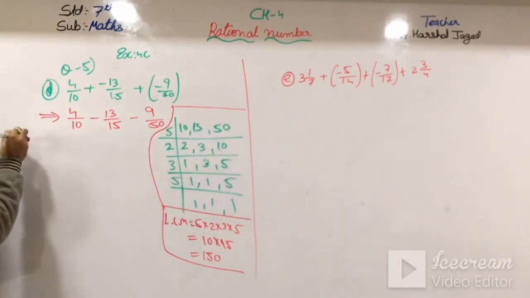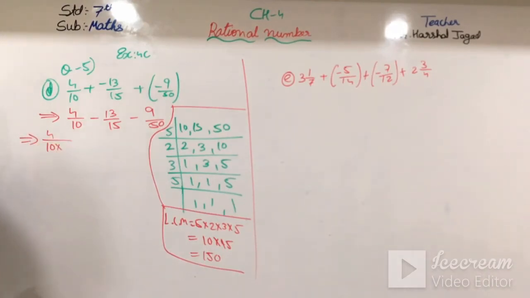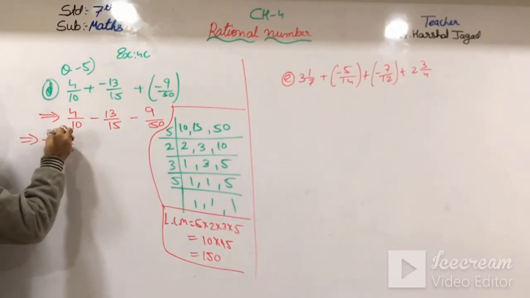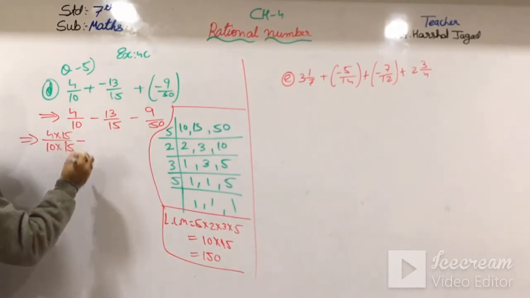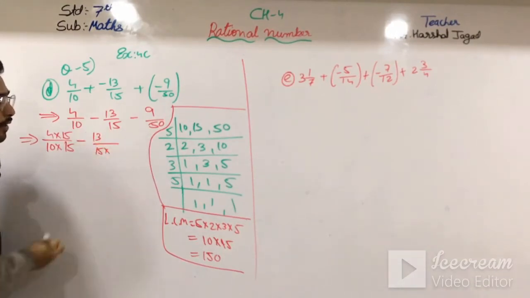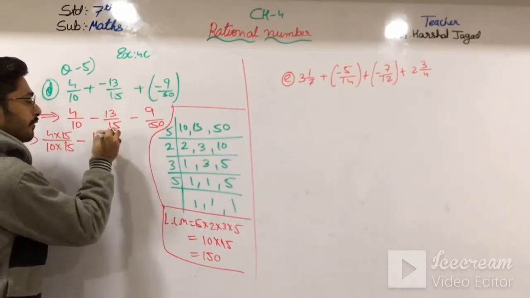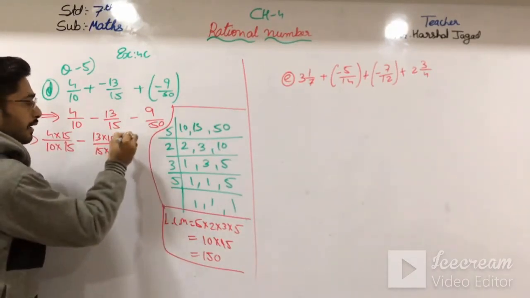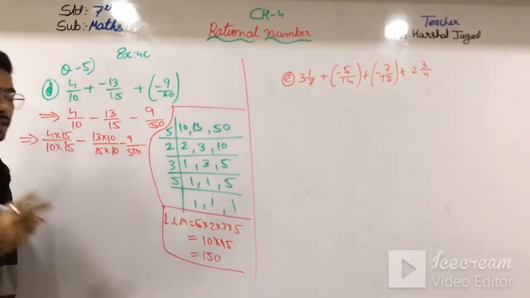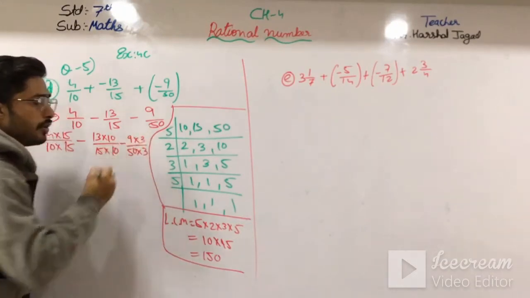Okay, so let us apply that. 4 by 10, 10 into how much gives 150? If we multiply 10 with 15, we get 150. Then minus 13 by 15, 15 into 10 is 150, so here also 10. And again minus 9 by 50, 50 into 3 is 150, so here also 3.